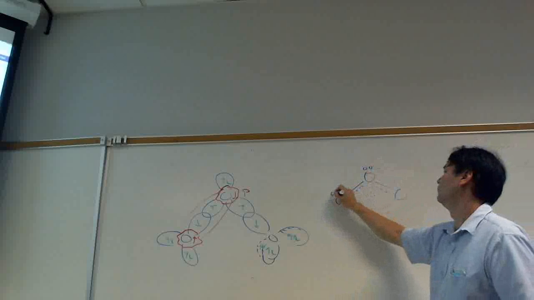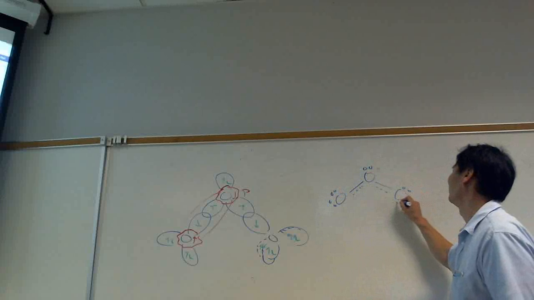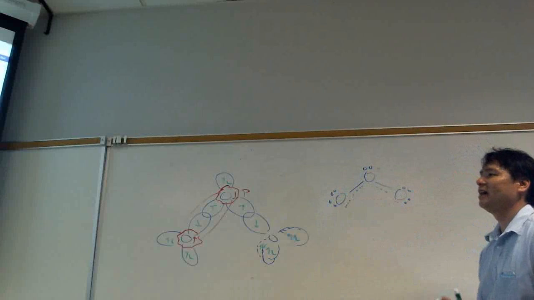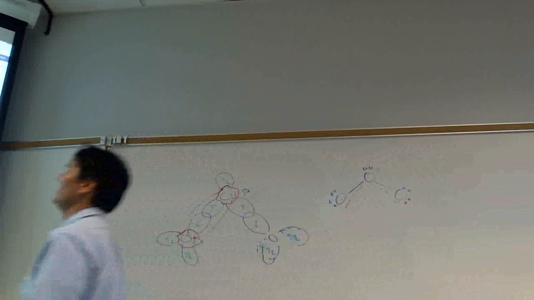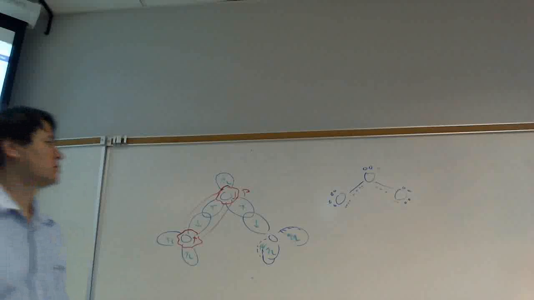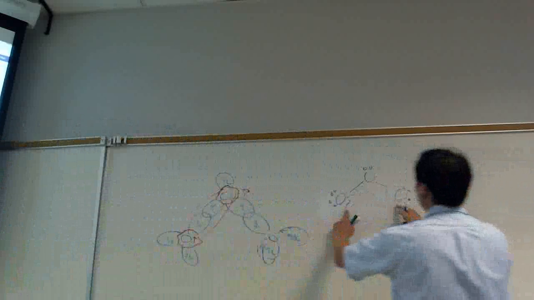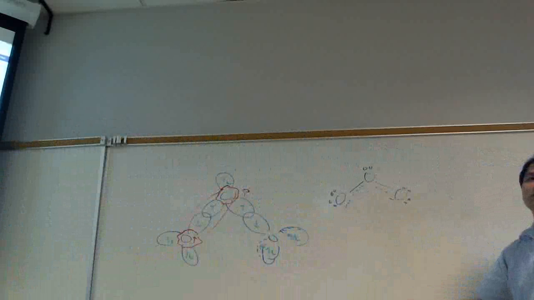Now, what is the hybridization on the oxygens? Because what we have now is one extra lone pair shared between the 2 oxygens here. You see it? I show the one extra lone pair being shared between the 2 oxygens with the dash. And so what is the hybridization here?